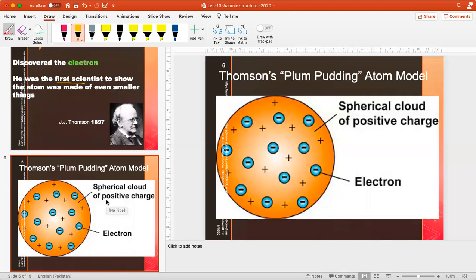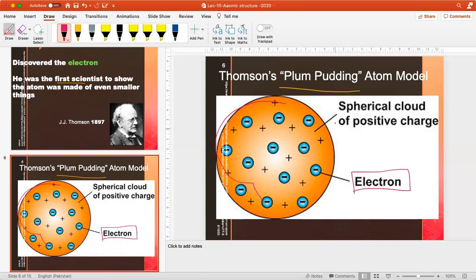अच्छा, अब थॉमसन्स ने जो प्रेजेंट किया था उसको हम कहते हैं plum pudding atom model. And he envisioned that this entire thing is a spherical cloud, okay, of positive charges, ठीक है, and negative charges. अब negative charges को he called electron.